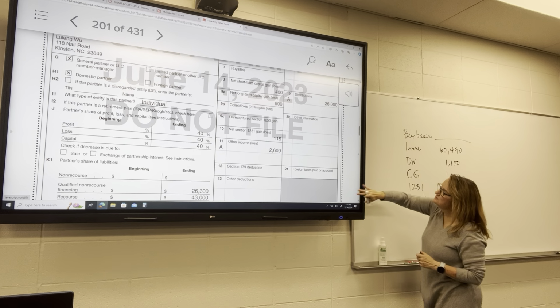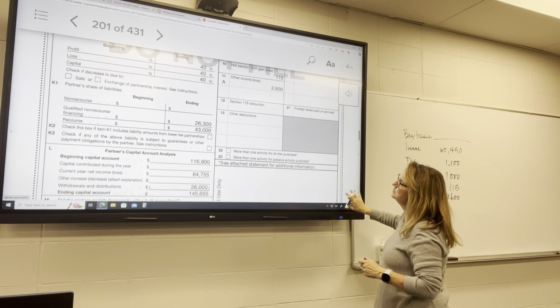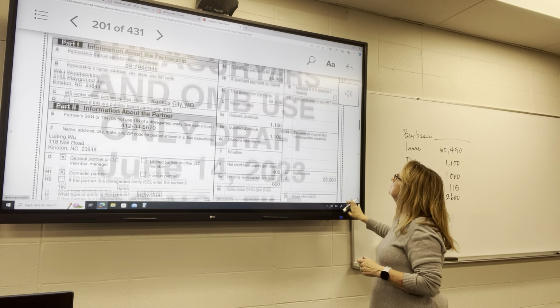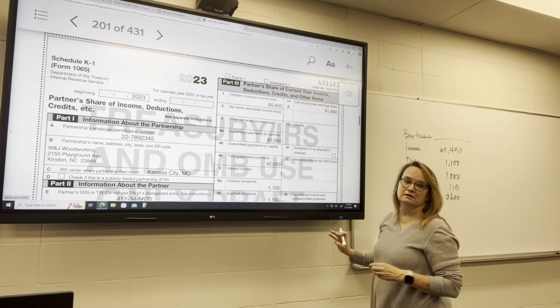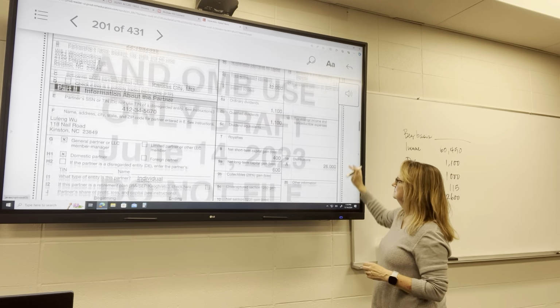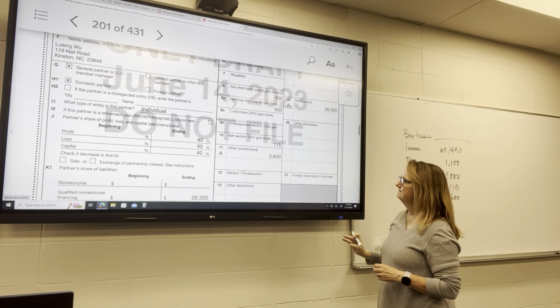And then this is the one where they were supposed to have a 179 in here. Yeah, in the example, it says charitable contributions minus 2,600. Section 179 expense minus 10,600.